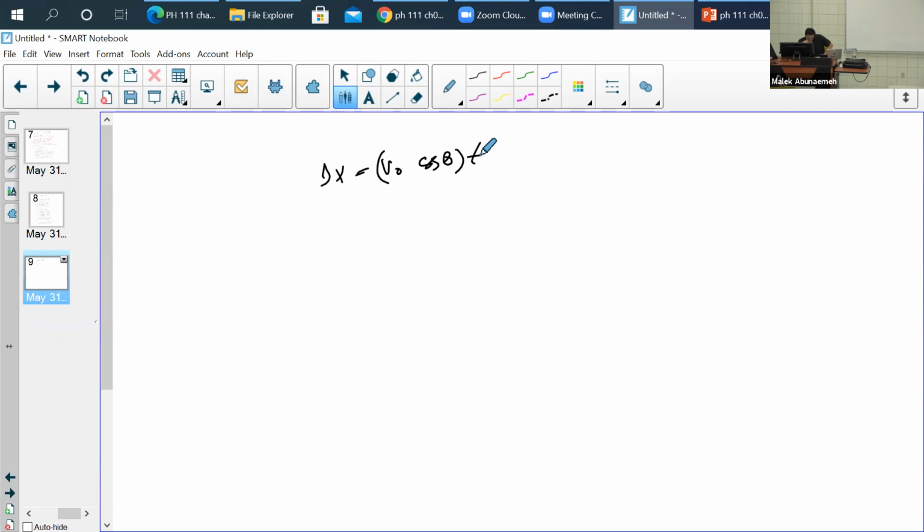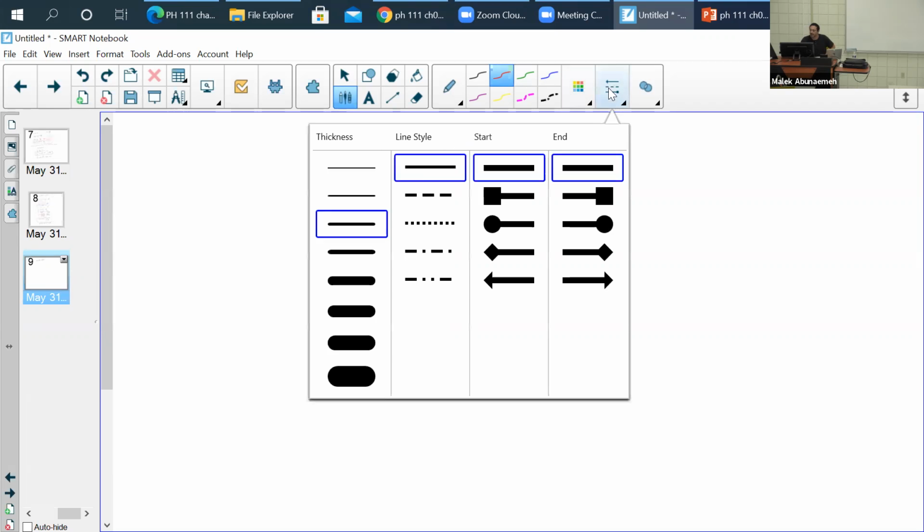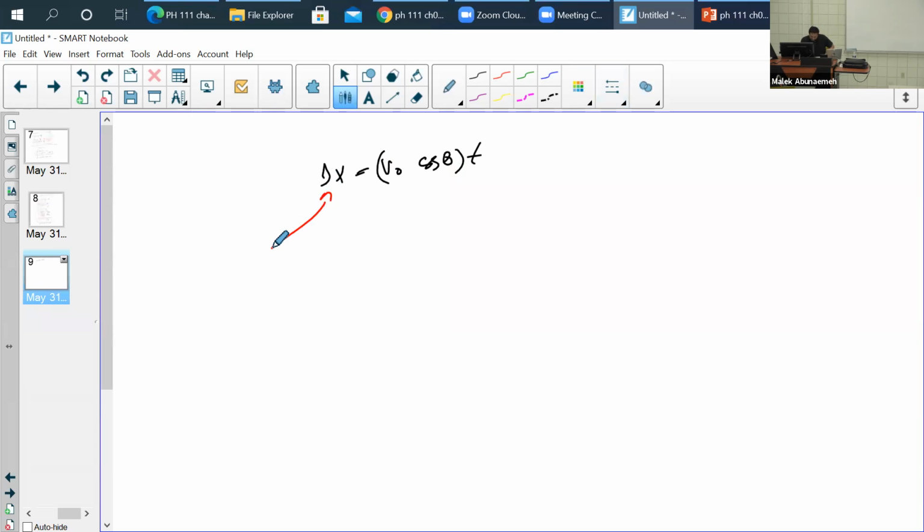Now, we're talking about horizontal range, so we're going to say that your delta x is going to be r, which is your horizontal range. That means your range is v naught cosine theta multiplied by t.